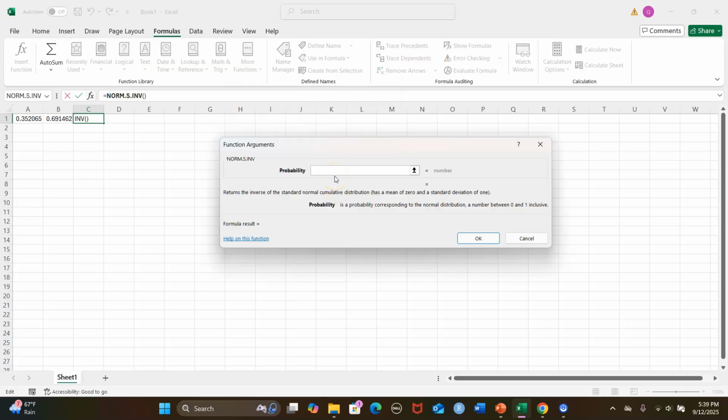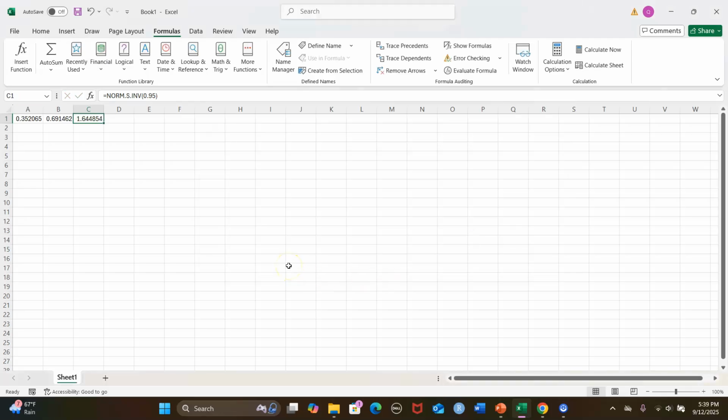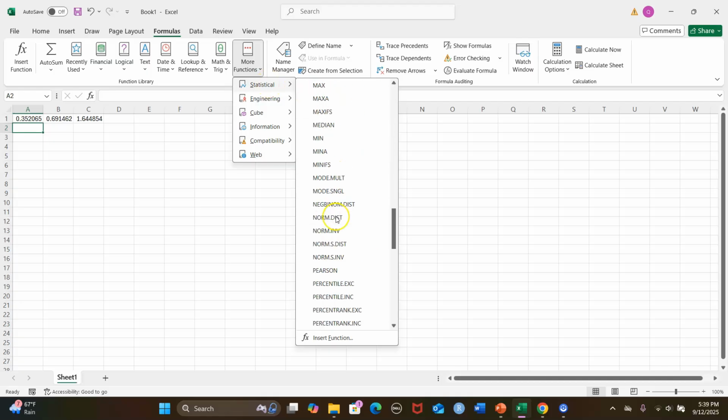So all you need to do is specify a probability, and it will give you the inverse of the standard normal cumulative distribution with mean 0, standard deviation of 1. So for example, you want to look at 0.95, and that's the 1.64 percentile, all right?